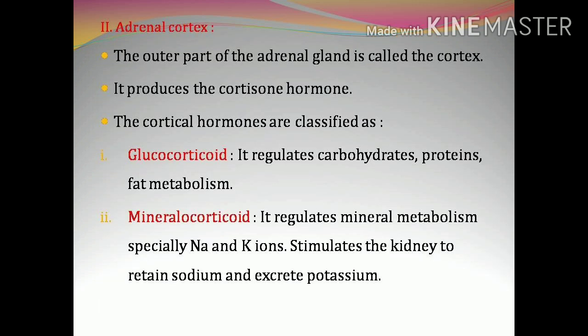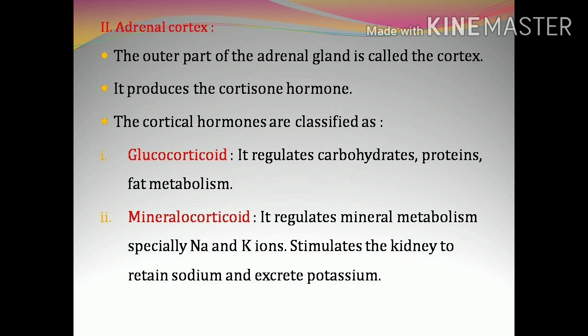Next, adrenal cortex. The adrenal cortex is the outer part of the adrenal gland, and it secretes the hormone called cortisol. These cortical hormones are classified into two types. First one, glucocorticoid.